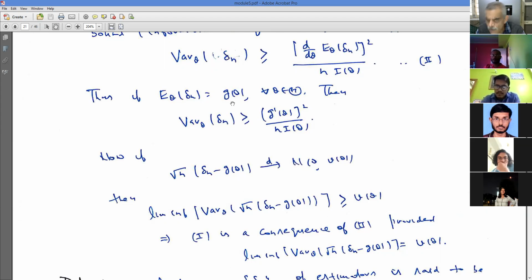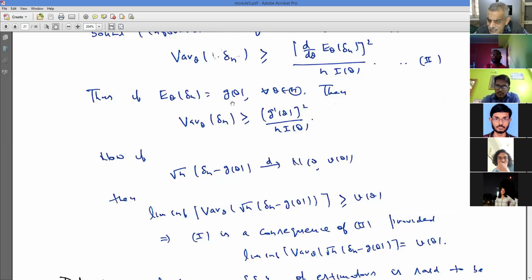But now there may be more than one estimator for which the rate of convergence is say 1 upon n. So there may be two estimators: n times delta 1n minus g theta goes to 0 and n times delta 2n minus g theta goes to 0, both estimators having the same convergence rate.